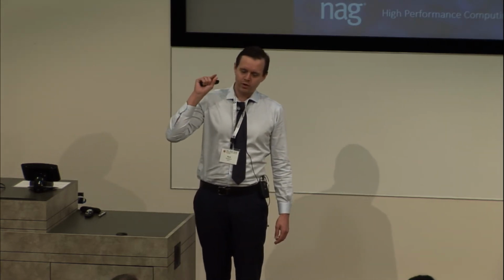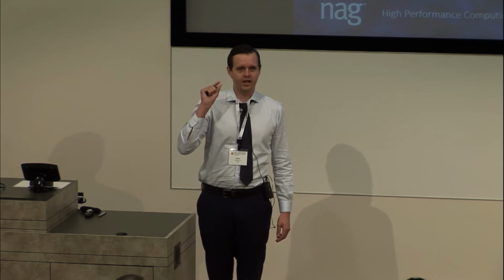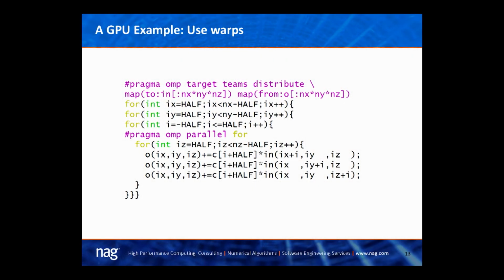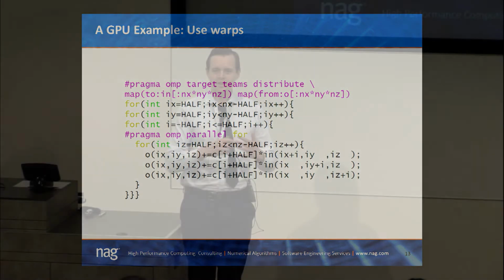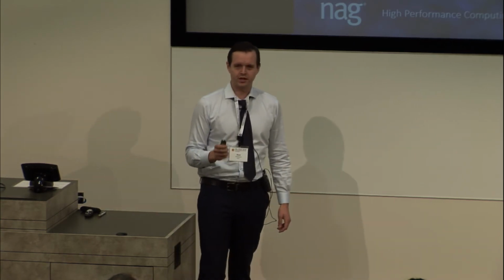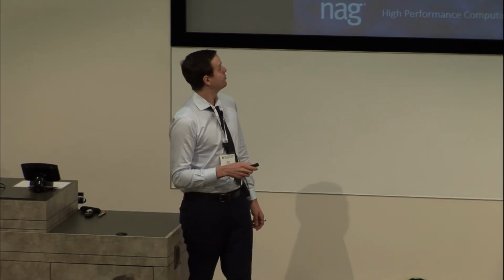We want threads to be accessing data in an interleaved fashion to get the most efficient access, and this is called coalesced memory access. But this parallel for will, by default, usually be static, so it will divide up the iteration space into chunks, and each thread will get a chunk of data. That's not ideal.